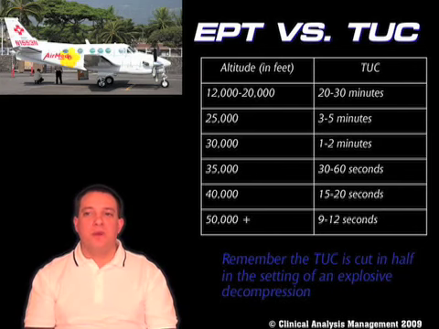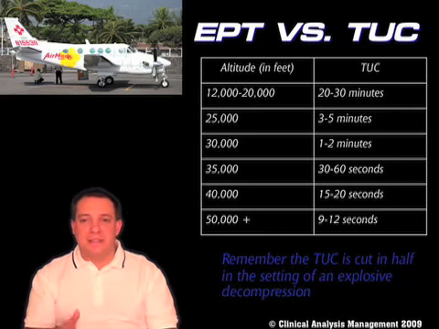At 40,000 feet, you've got 15 to 20 seconds, but if you were exposed to that altitude because of an explosive decompression, you don't have 15 to 20 seconds, you have 7.5 to 10 seconds. So you have a really short period of time.